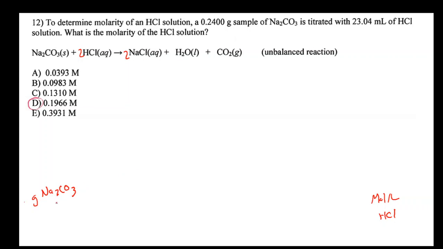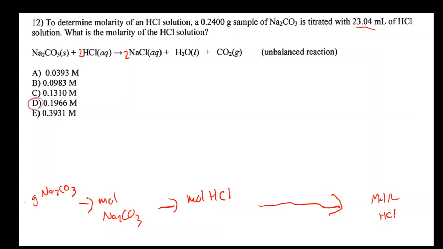From grams of Na2CO3, we can go to moles of Na2CO3, because we want to always look at the reaction. Once we're on the reaction, we can figure out how many moles of HCl we need. And once we know the moles of HCl, we can go to a concentration because we know the volume of liquid, which is 23.04.